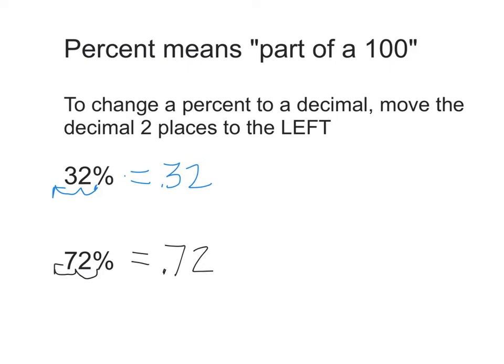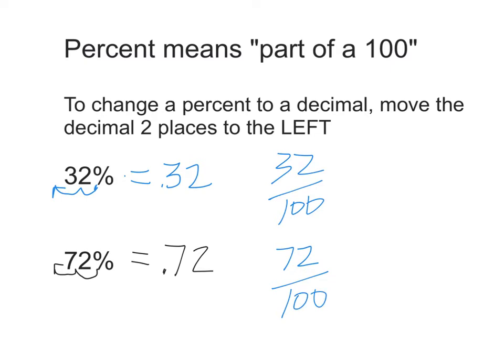Keeping in mind how easy it is to convert decimals to fractions, we could also see that a percent can easily be turned into a fraction, also because it means part of 100. So 32% would be 32 over 100, and 72% would be 72 over 100.